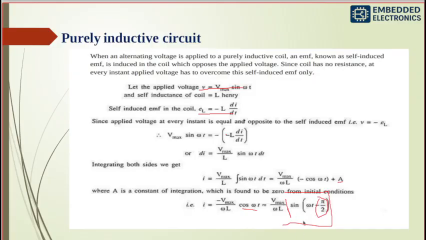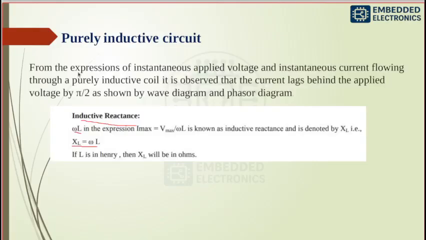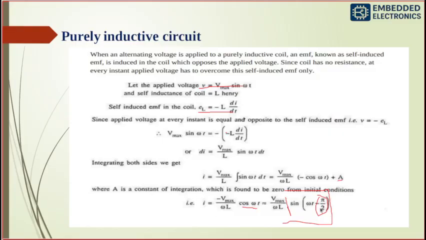So here you can observe that the current lags the voltage by pi by 2, means 90 degrees, right? From the expressions of instantaneous applied voltage and instantaneous current flowing through this purely inductive circuit, you can observe that the current lags behind the applied voltage by pi by 2, means 90 degrees. So here the current is lagging.